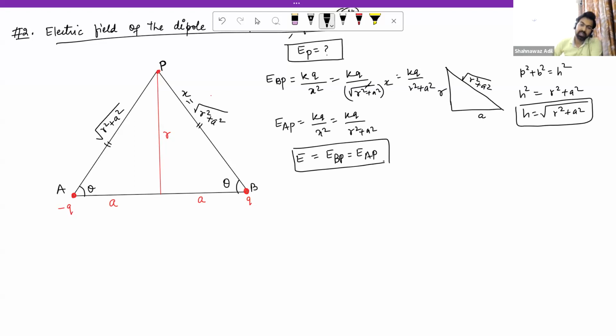And we see that their directions are different. So the total electric field will be the vector sum, not the simple sum. This would be the vector sum, by the superposition principle.